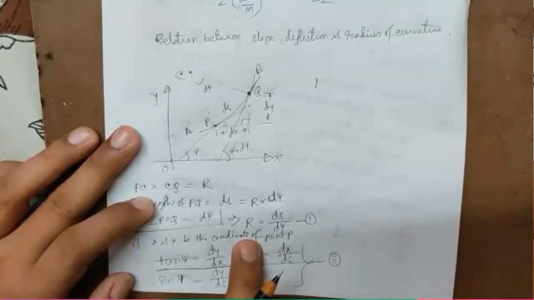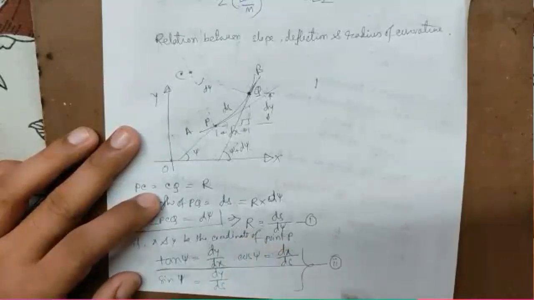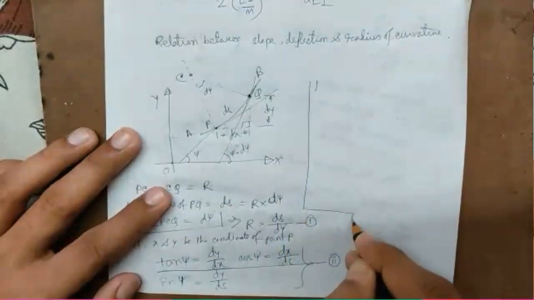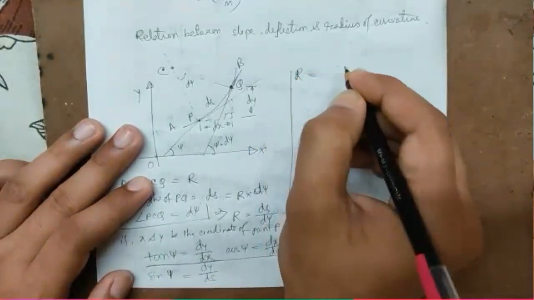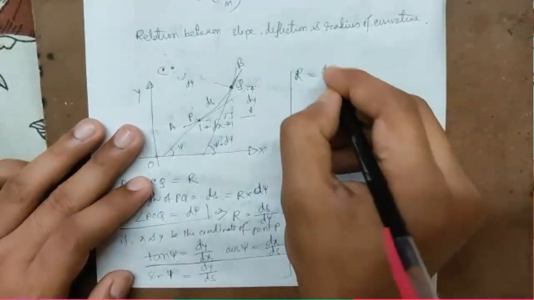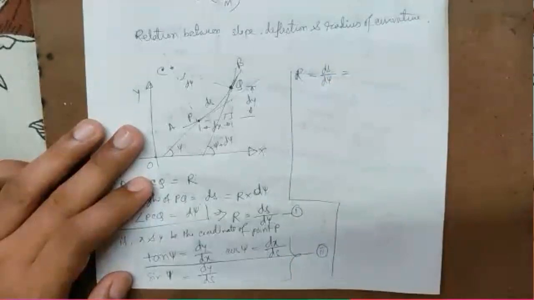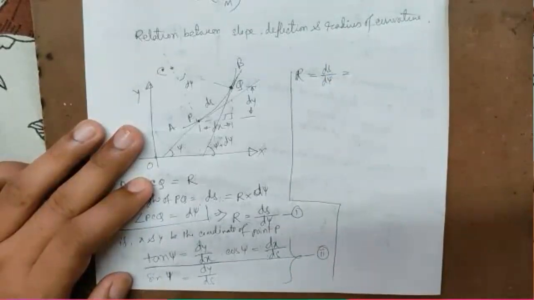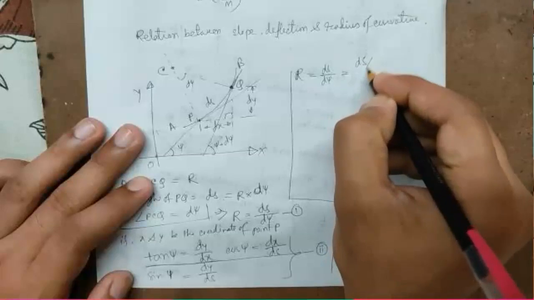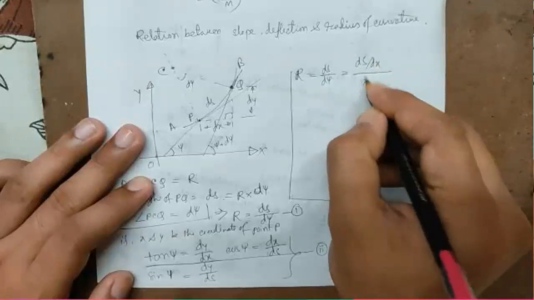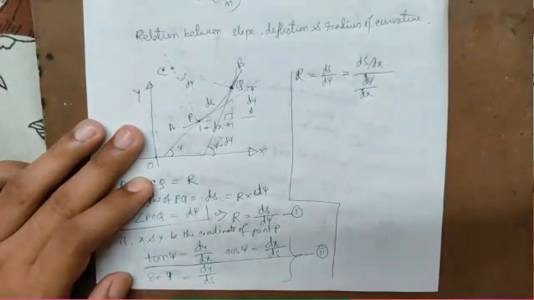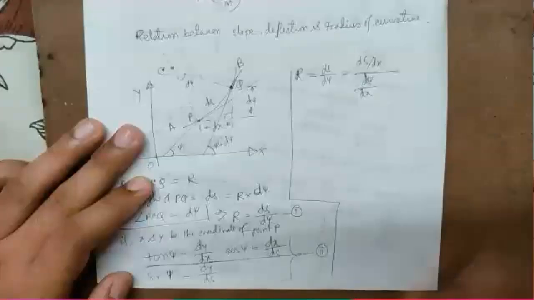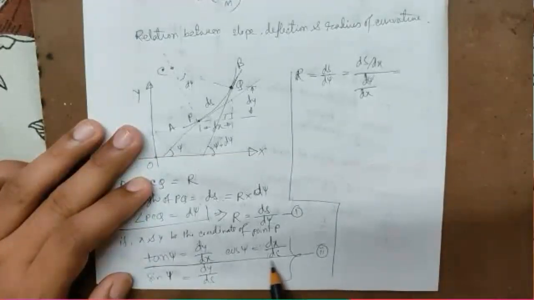Now from equation 1, R is equal to ds by d psi. We put the values over here. ds by d psi can be written as ds by dx divided by d psi by dx. So now ds by dx can be written, from here, as 1 by cos psi.